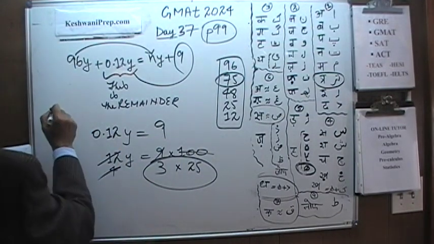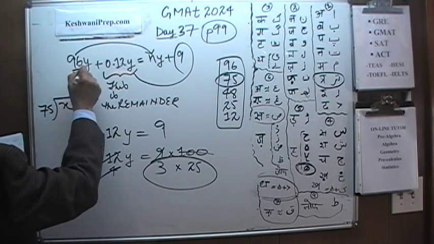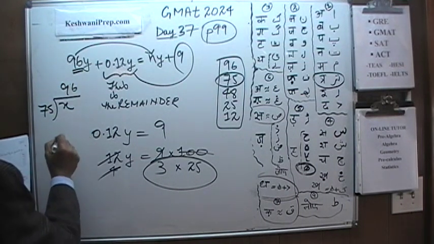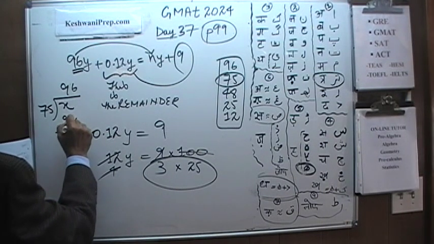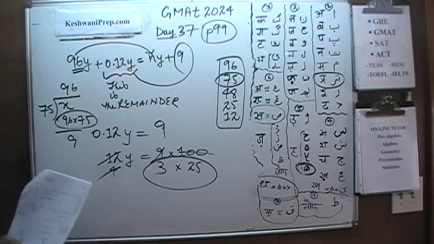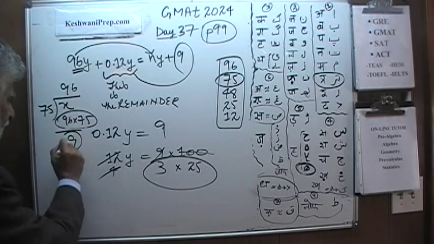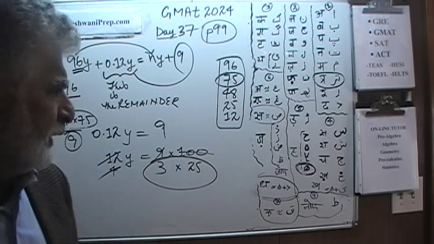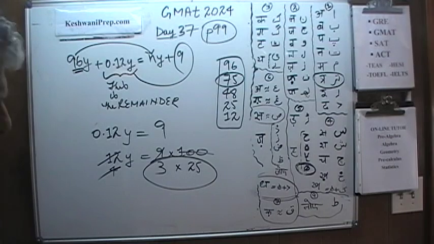So we end up with this: y equals 75 and the quotient is 96, and the remainder is 9, which means x must equal 96 times 75 plus 9. But we didn't need to do any of that. That's not necessary. I don't know why I went there. The answer is 75.